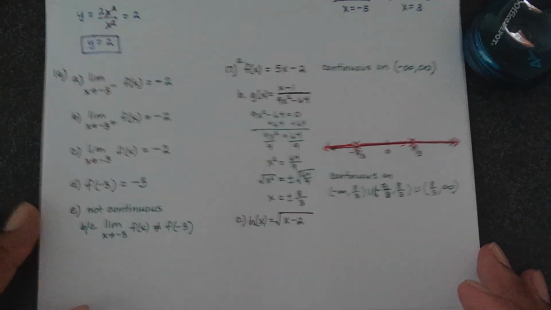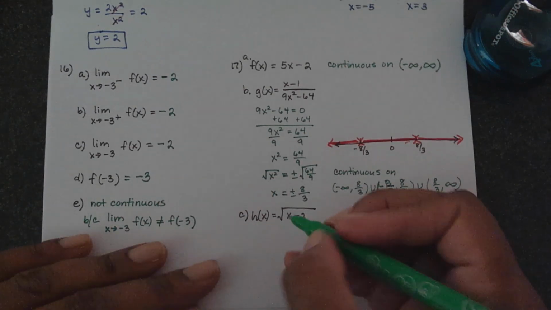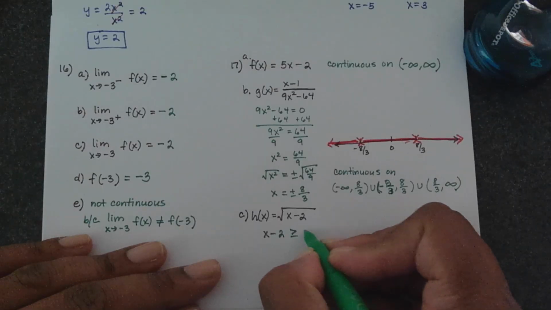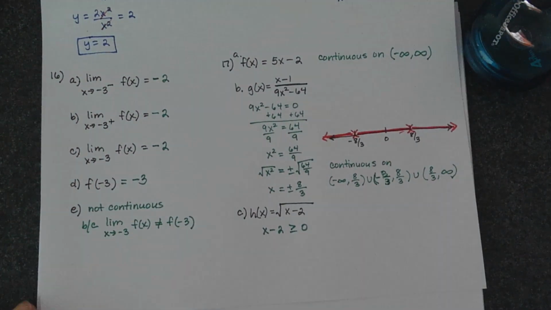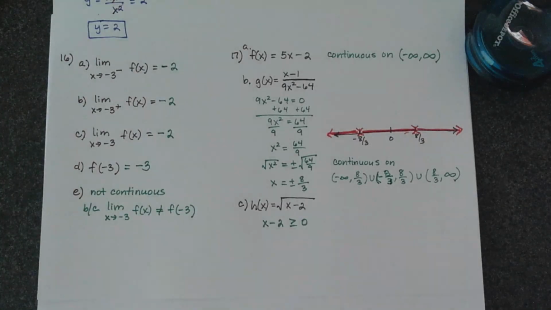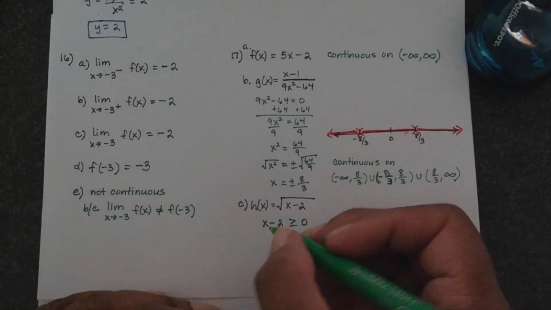Now here we got a radical function, and it's a square root. So we take what's underneath that square root symbol, x minus 2, and it's got to be greater than or equal to 0 because we can't take the square root of a negative number.